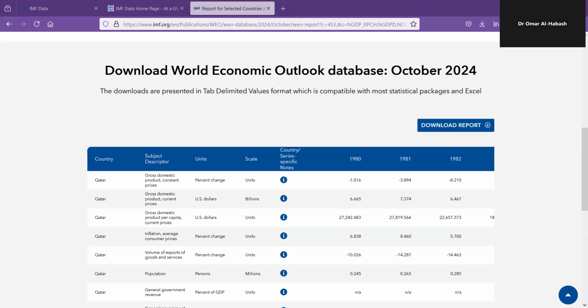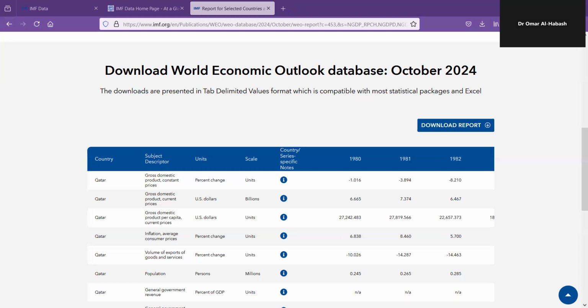Talking about general government gross debt as a percentage of GDP, you see it is 43%, 42%. We see it is stable.